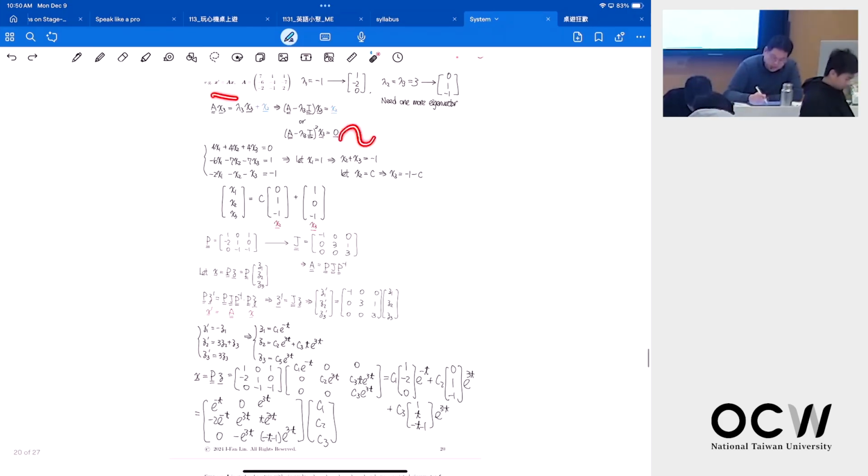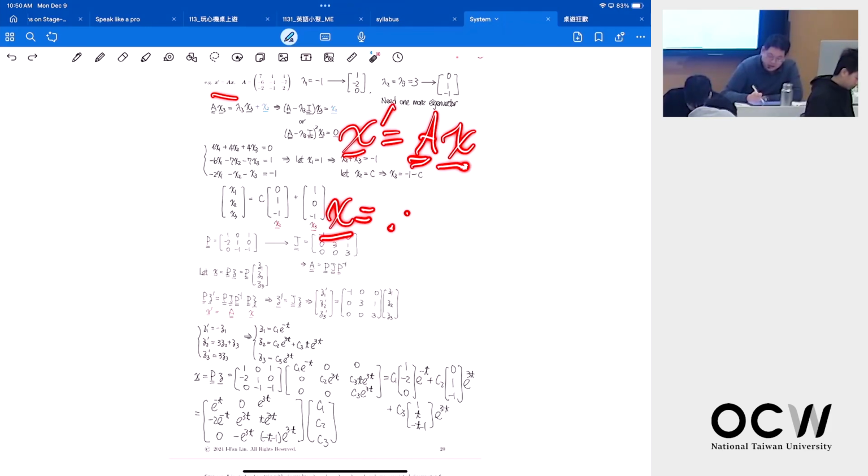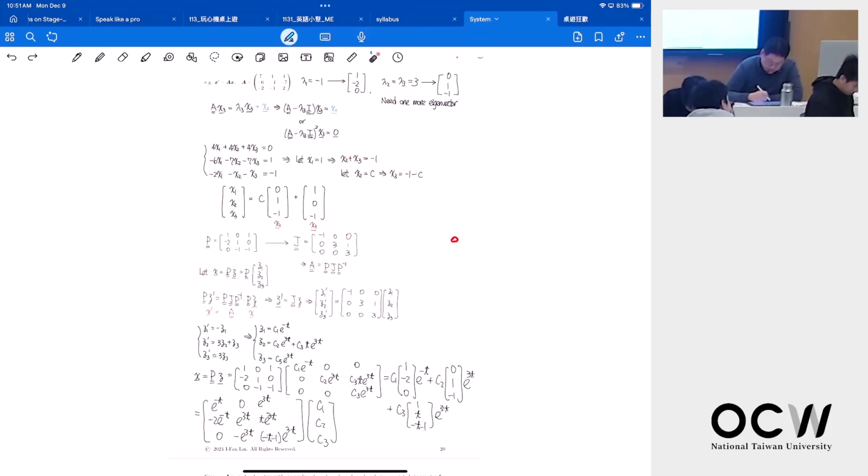x prime equals Ax. So suppose we know that the answer should be a constant times e to the At, right? So in this case, it looks like my answer should be e to the At.